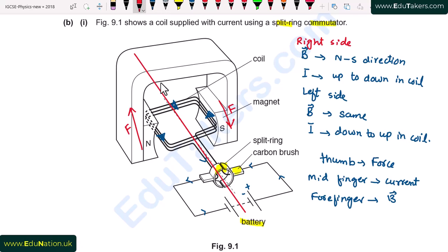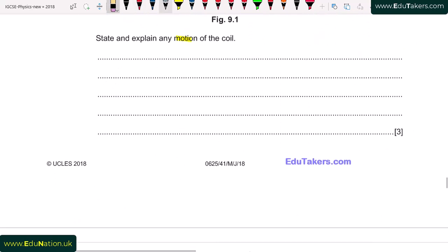So I write here, coil will turn in clockwise direction. And it turns because there are two forces acting on the coil, both in opposite direction.